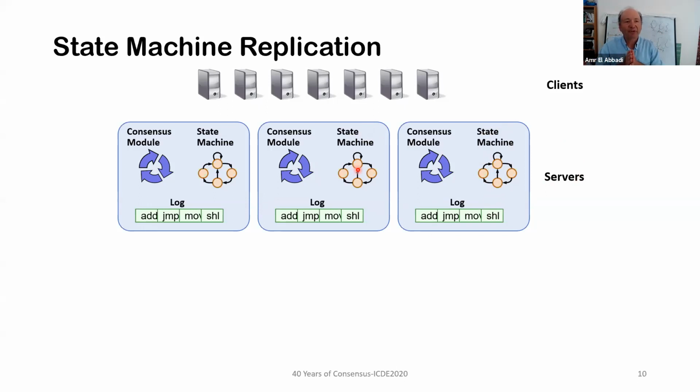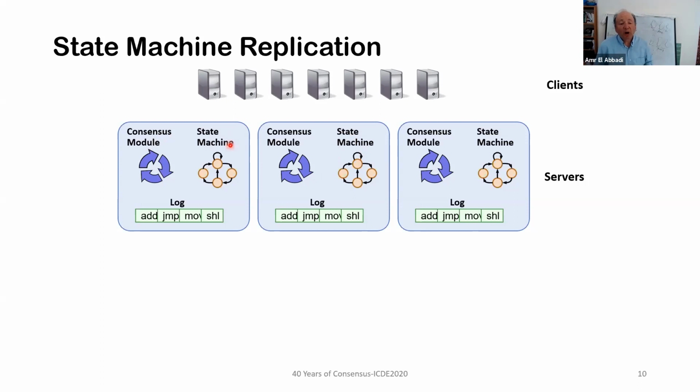So think you have a state and it is triggered by operations. If I have multiple copies, say 3 copies, and all of them execute the operations in the same order, then the current state of each of the 3 different replicas will be identical.